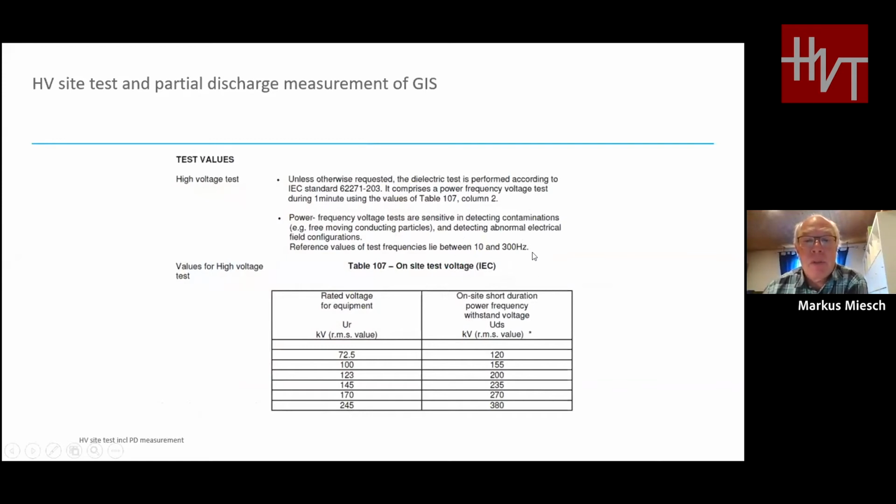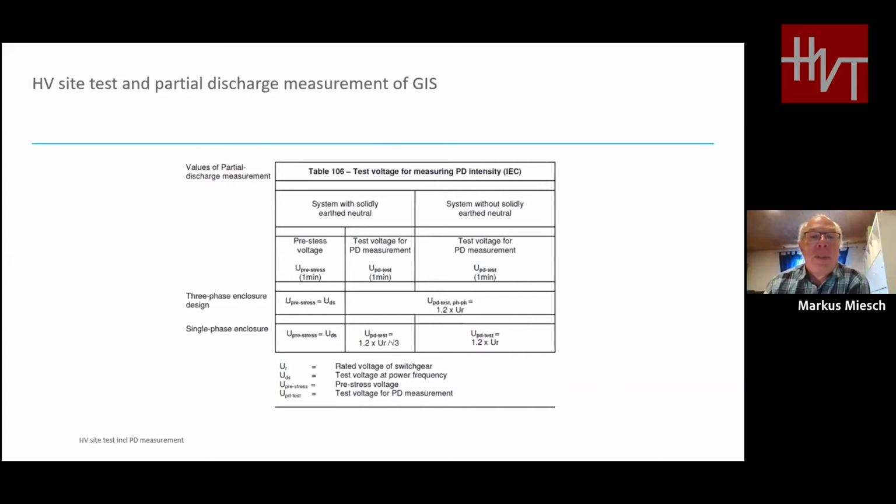This is because not only conventional tests will be applied in the range of 50 Hertz or 60 Hertz, but also resonant test kits where the frequency depends on the load can be up to 300 Hertz. Here the rated voltages of the GIS, and following here the test voltages. For example, a GIS of a rated voltage 145 kilovolt has to be tested at 235 kilovolts.